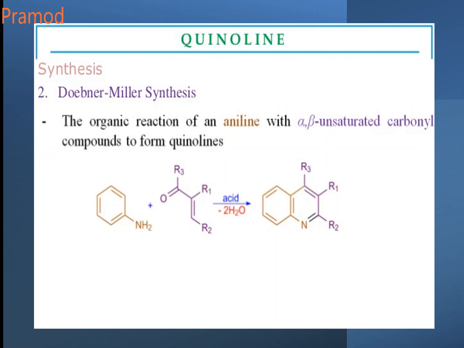In presence of acid, it undergoes a condensation reaction, conjugate addition followed by cyclization, similar to your Skraup synthesis, to give your quinoline. So aniline treated with alpha beta unsaturated carbonyl compound forms your quinoline. That is your Doebner-Miller synthesis. You get your substituted quinoline moiety.